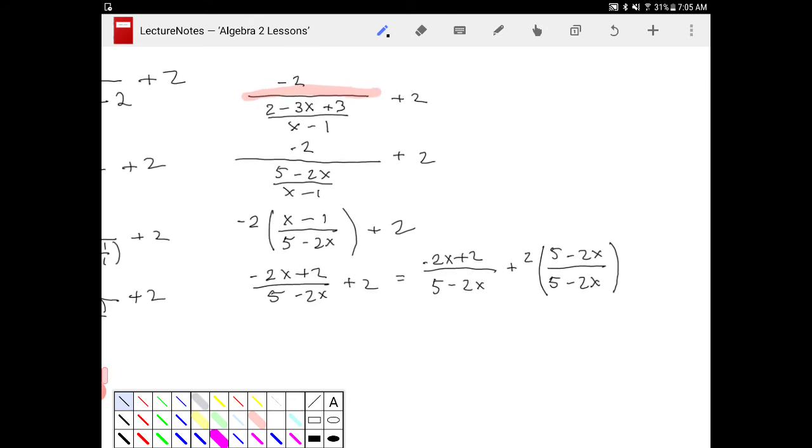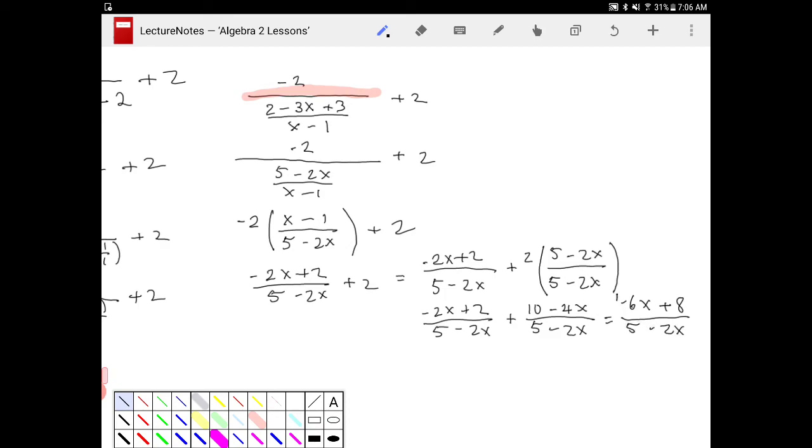So this becomes negative 2x plus 2 over 5 minus 2x plus 10 minus 4x over 5 minus 2x. And this can all be reduced to, when I combine like terms, the negative 2x and negative 4x makes negative 6x. The 10 and 2 makes 8, all over 5 minus 2x.